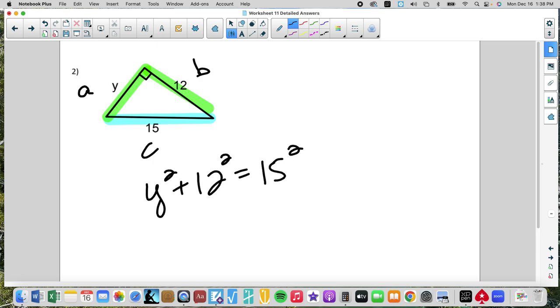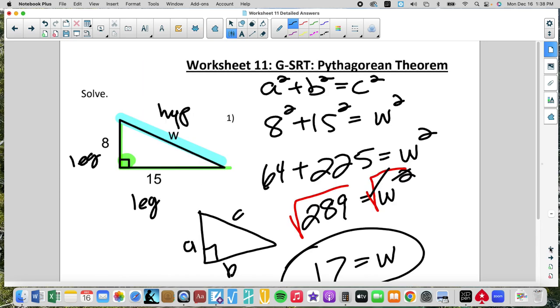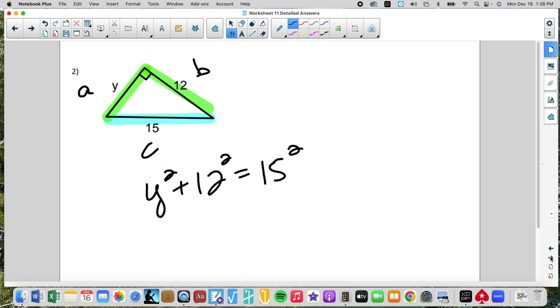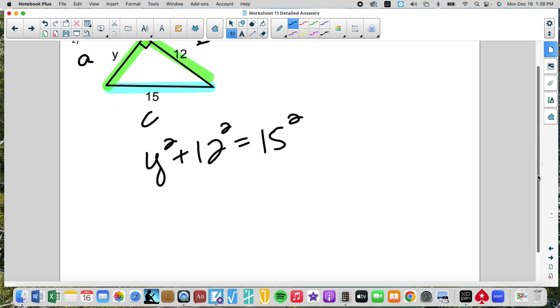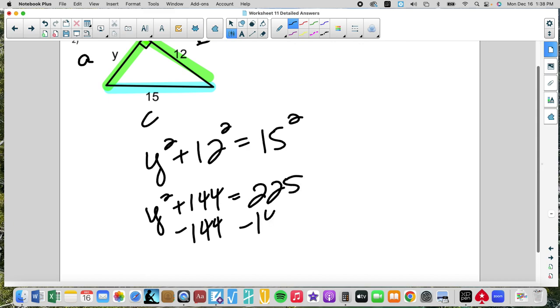So notice that in the first problem, our missing piece of information was the hypotenuse. It will change up. They will make a leg be one of your missing sides. So you get y squared plus 144 equals 225. We're going to subtract 144. We're isolating the variable.